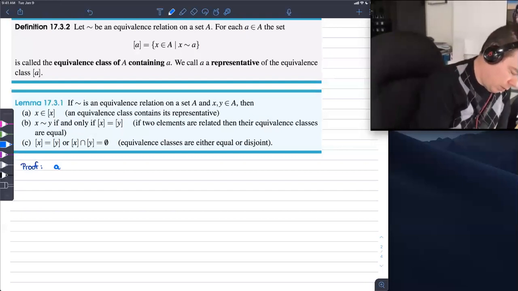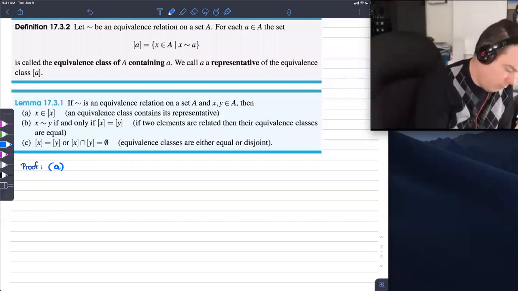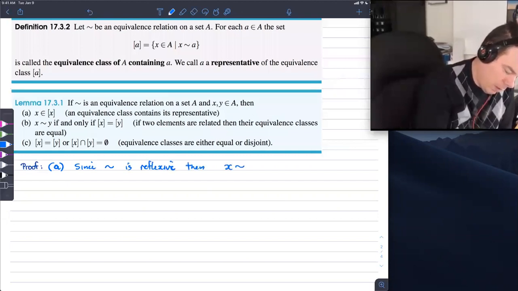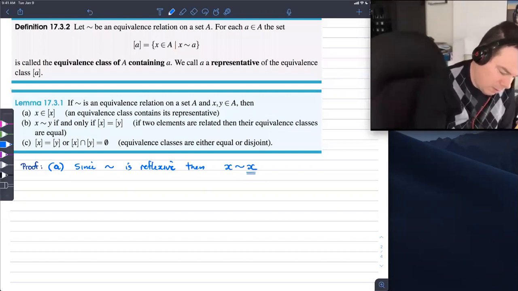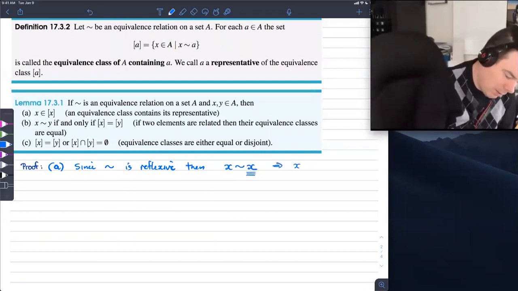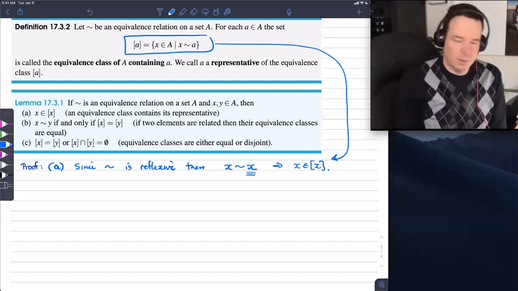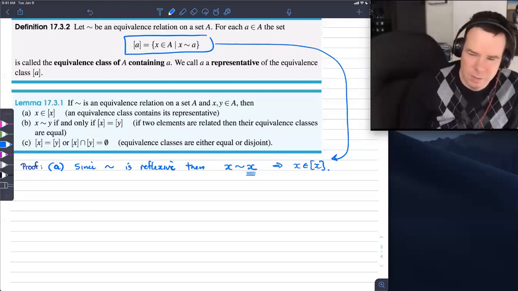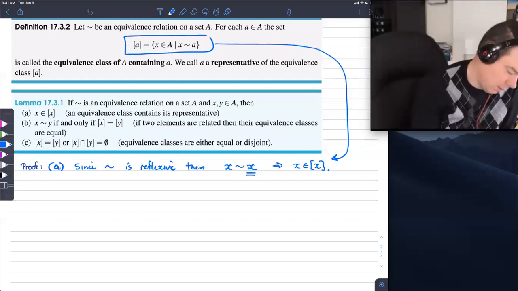So how are we going to do this? We're going to prove this part by part. So part A, I want to show that X is an element of its own equivalence class. Well, the first thing to note is that since tilde is an equivalence relation and it's reflexive, then X is related to X. But that's what it means to be a member of the equivalence class of X. So since X, the thing on the left, is related to X on the right, then that means that X is an element of the equivalence class of X. I'm just using this definition right here, that the equivalence class of A is all the X's that are equivalent to A. And so the equivalence class of X is all the things that are equivalent to X. But because it's reflexive, X is equivalent to X. So it's in its own equivalence class.